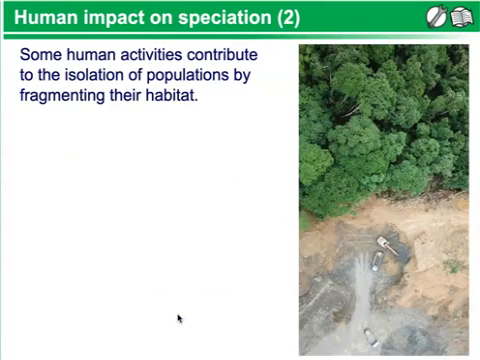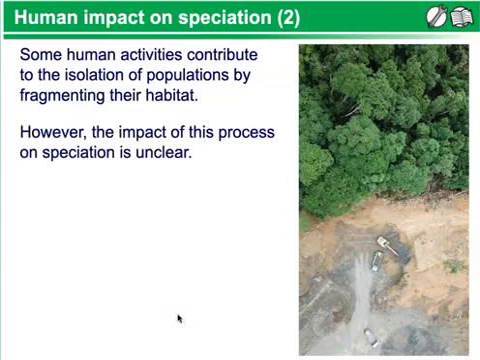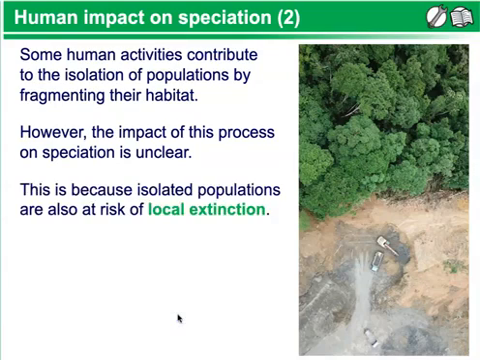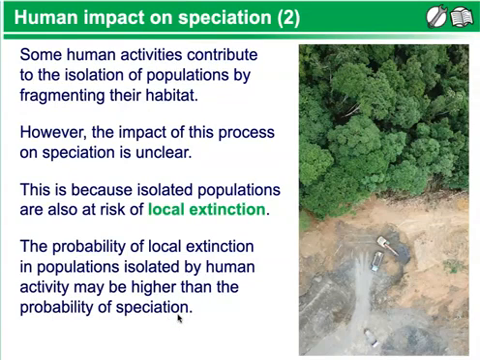Some human activities contribute to the isolation of populations by fragmenting their habitat. However, the impact of this process on speciation is unclear. This is because isolated populations are also at risk of local extinction. The probability of local extinction in populations isolated by human activity may be higher than the probability of speciation.